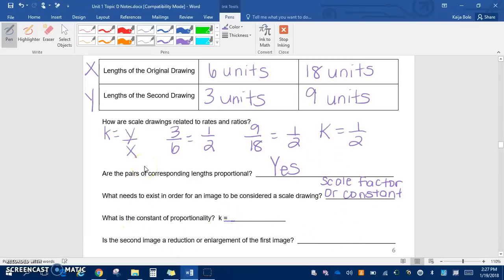Then it asks what is the constant of proportionality, and we found that out to be 1/2 when we calculated Y over X. Then it asks, is the second image a reduction or an enlargement of the first image? And just by looking at it, we can tell that it was a reduction. Alright. So that's all for this page.